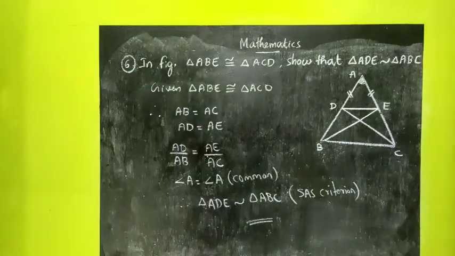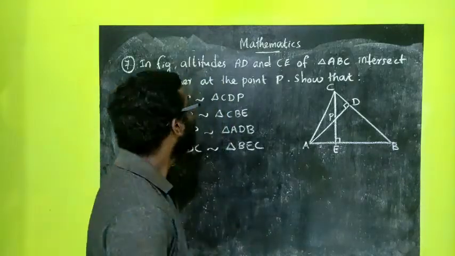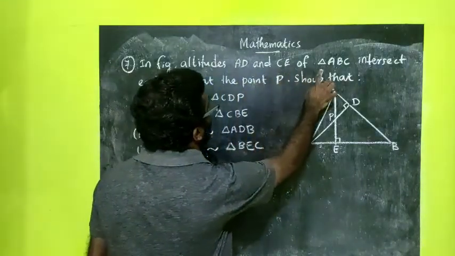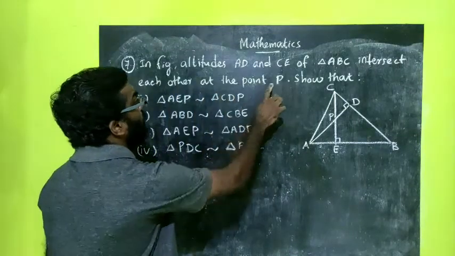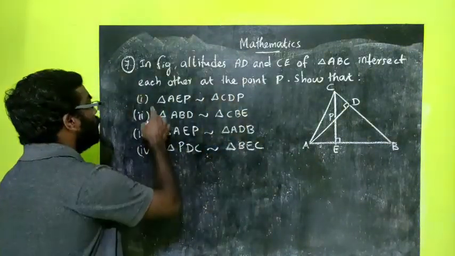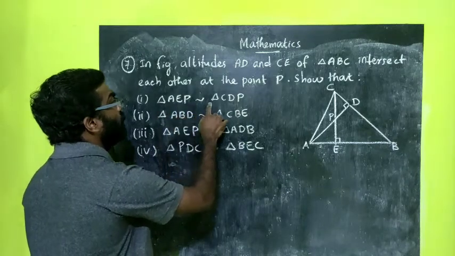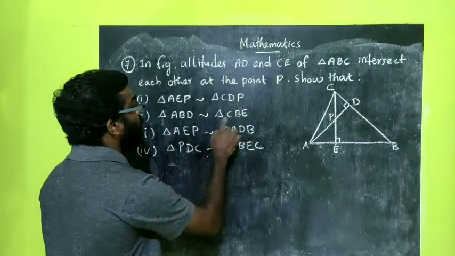Is it clear? Now we move on to the next question. In figure, altitudes AD and CE of triangle ABC intersect each other at the point P. Show that, 4 sub-questions are given. First one is triangle AEP similar to triangle CDP. Second one, triangle ABD similar to triangle CBE.